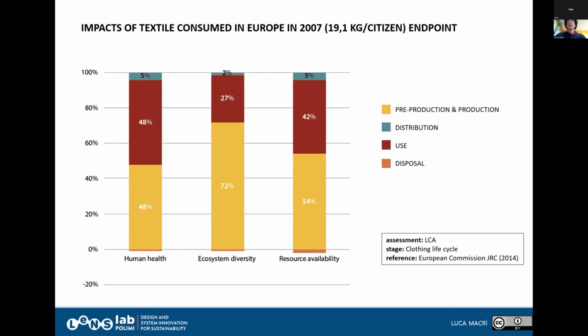You see that it's those two yellow and red rectangles. Then we have the distribution, which is very low compared to the others. And finally, the disposal. The disposal even could have a negative result in this sense, because if you are, for example, recycling, in some ways you are avoiding some environmental impact, so that could be also negative. But stick in your mind that those two phases, pre-production and use, are the most impactful in this sense.